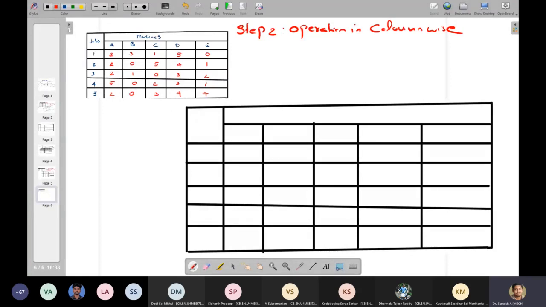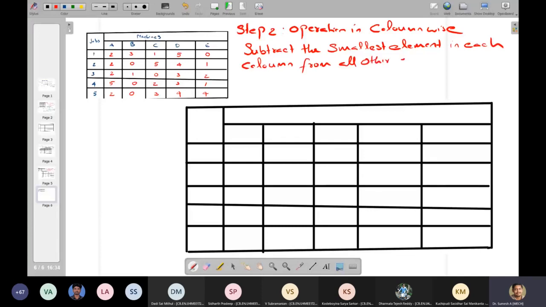So again, subtract the smallest element in each column from all other elements of the corresponding column.